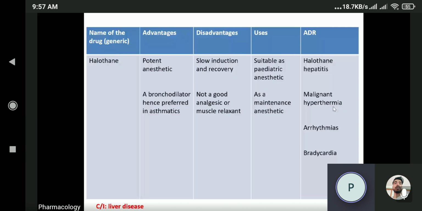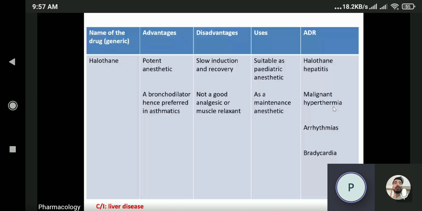So what happens is, in the sarcoplasmic reticulum there will be a kind of storage for the calcium. Okay, vesicles are there. So there is an abnormality in a receptor known as the ryanodine receptor that is controlling the release of calcium from the sarcoplasmic reticulum.